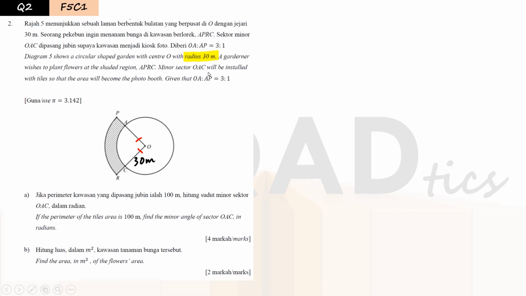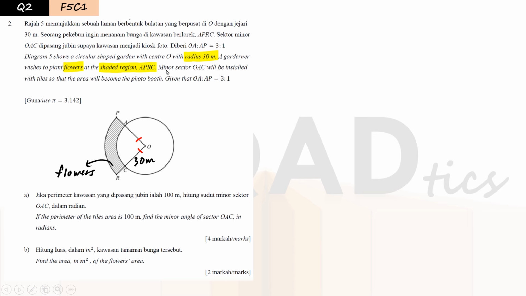The next information is the owner wants to plant flowers onto this shaded region, which is the region APRC. This area will be planted with flowers. The next information is this minor sector OAC will be installed with tiles.